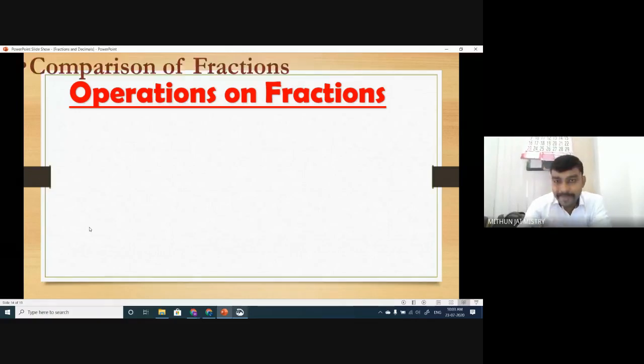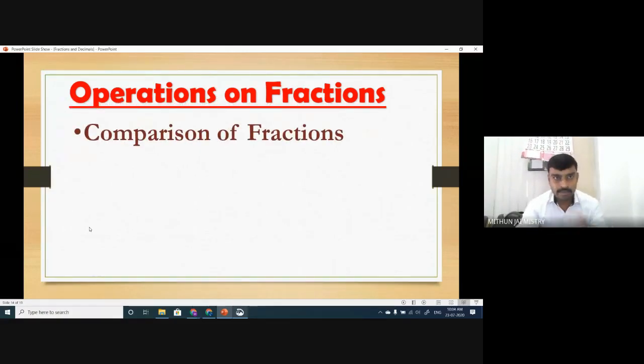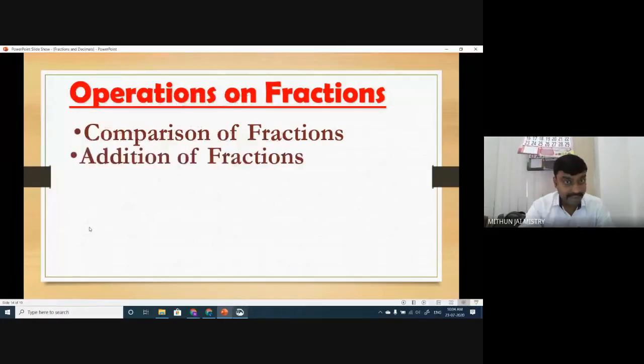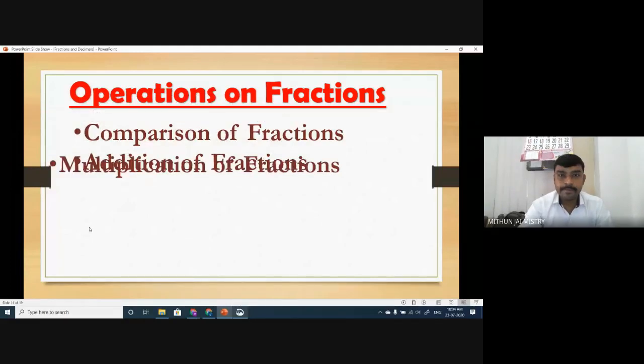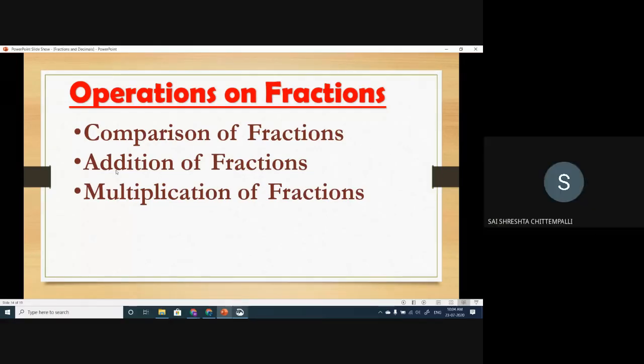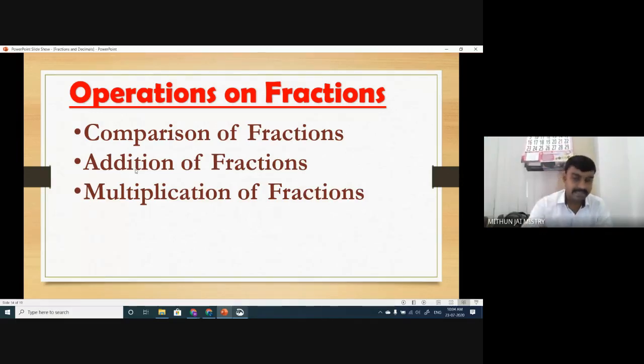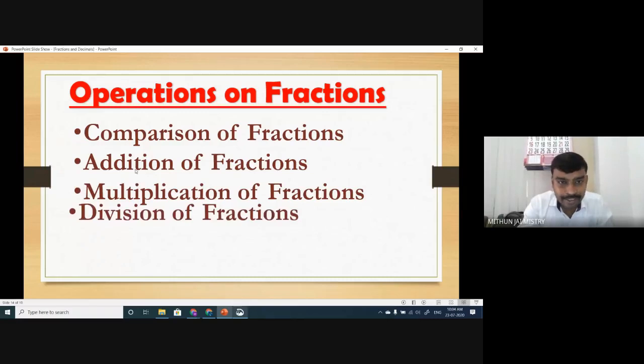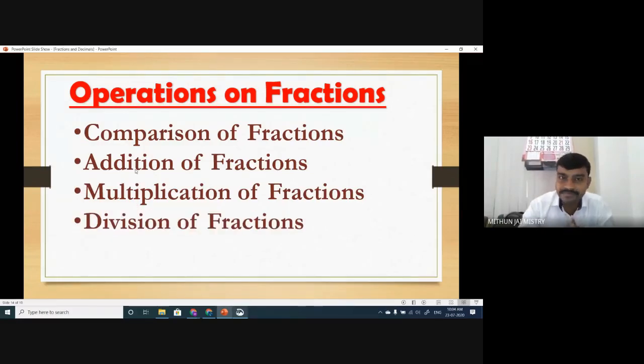First, we are going to compare the fractions, right? You know, comparison: who is bigger, who is smaller, or are they equal? Then addition of fractions. Then multiplication of fractions. You may ask me, sir, then where is subtraction? Already I said, when I do addition of fractions, in that only we will be seeing subtraction. And after that, we will be seeing division of fractions one by one.